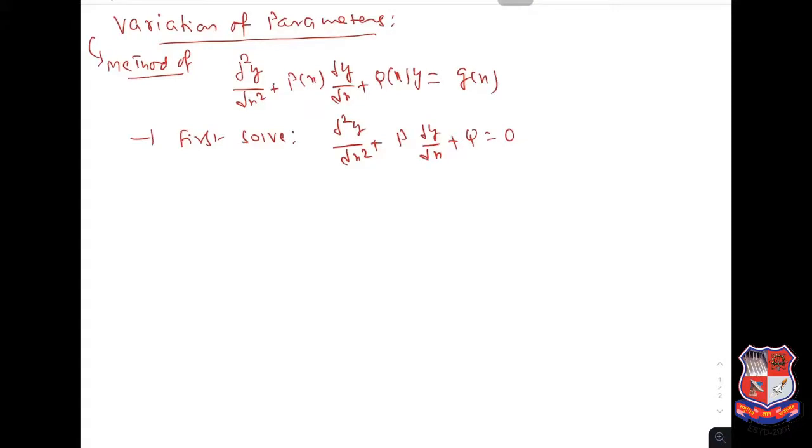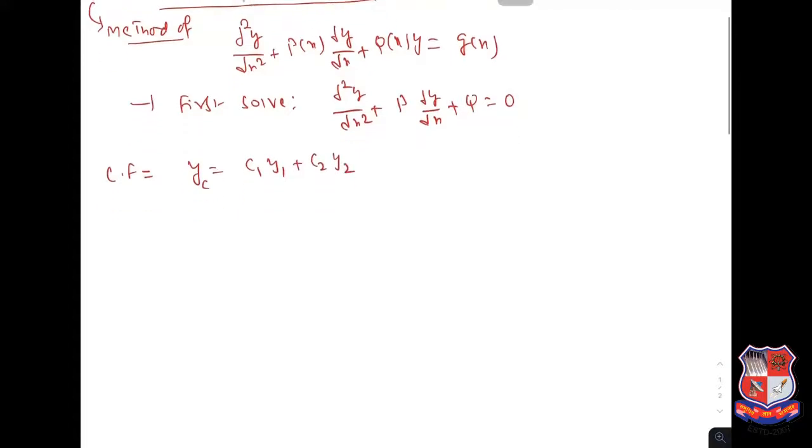So we need to solve the second order polynomial function, and then we get the 2 roots. Depending on the nature of the roots we can find out the CF, and so we write the complementary function as c1 y1 plus c2 y2. So now we are having this y1 and y2.